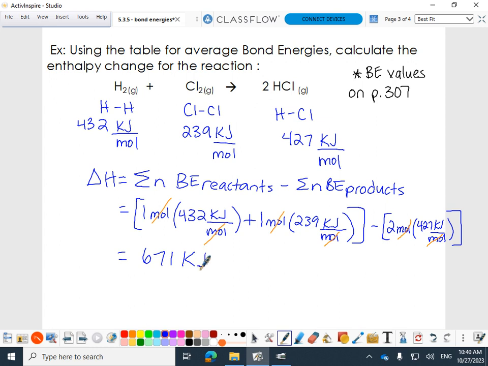So 432 times 1, which is 432, plus 1 times 239, which is 239, gives 611, minus 2 times 427 is 854. And it does make sense that our answer is negative.